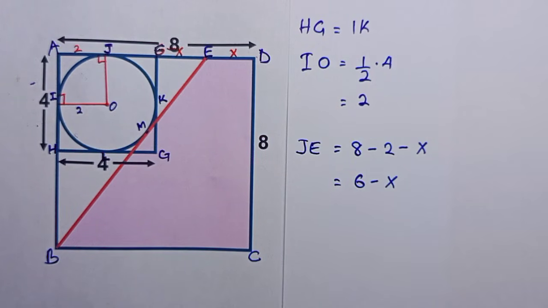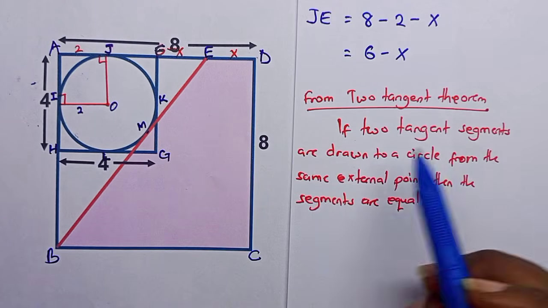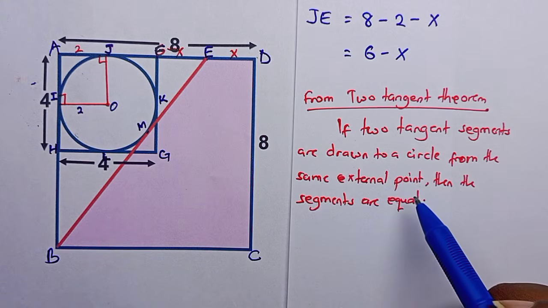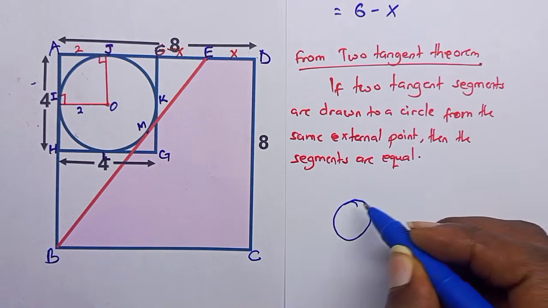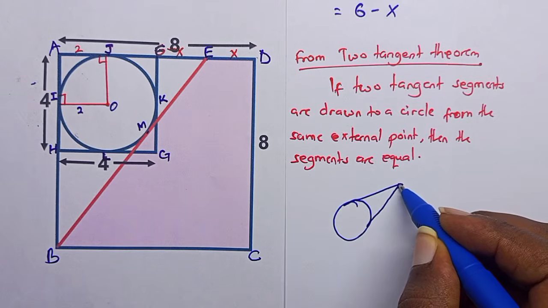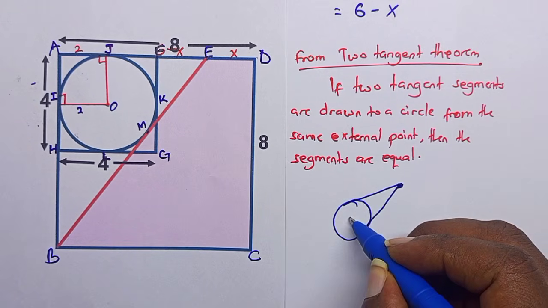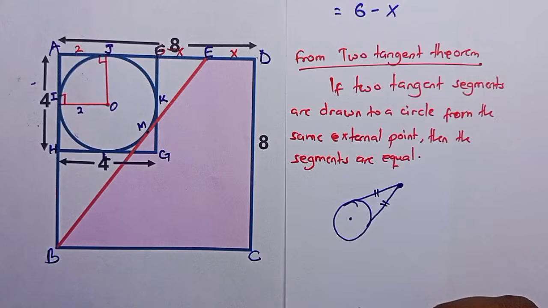Now we know that the two tangent theorem states that if two tangent segments are drawn to a circle from the same external point, then the segments are equal. So suppose we have a circle and two segments drawn from the same external point to the circle, then this segment is equal to this segment.